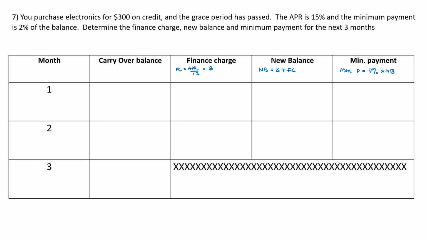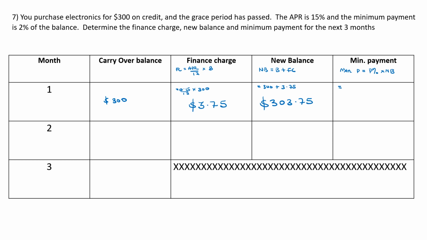So if you start out with $300, the finance charge here will be 0.15 over 12 times 300. That gives you $3.75. And so our new balance becomes 300 plus 3.75, which is 303.75.